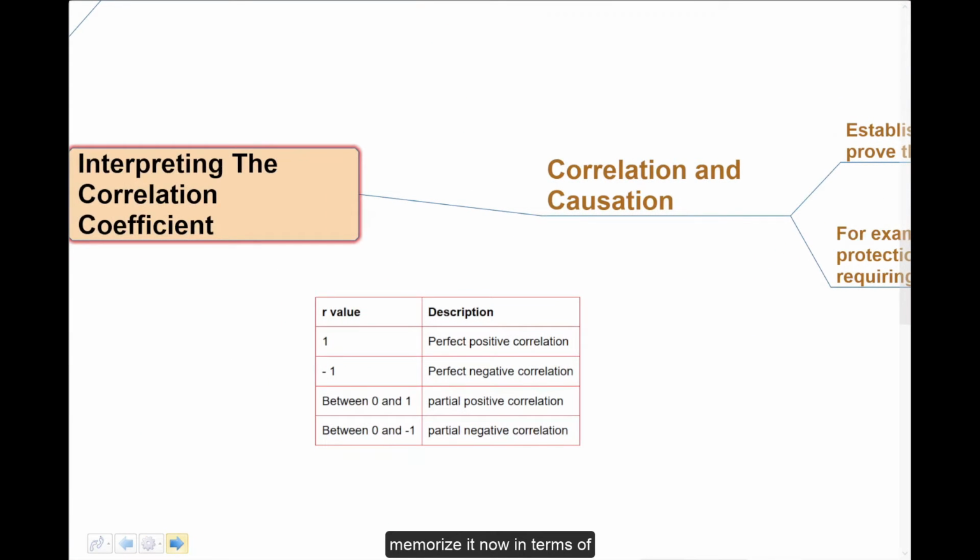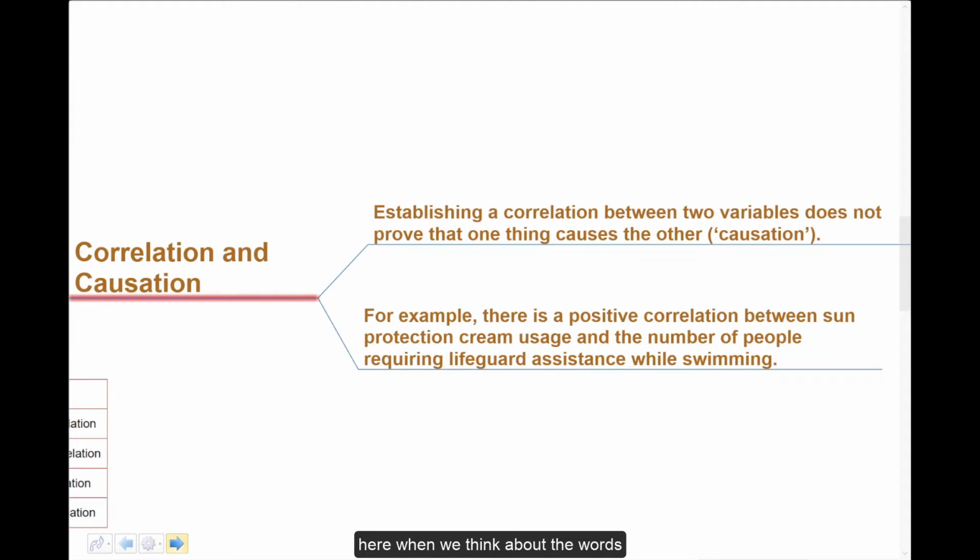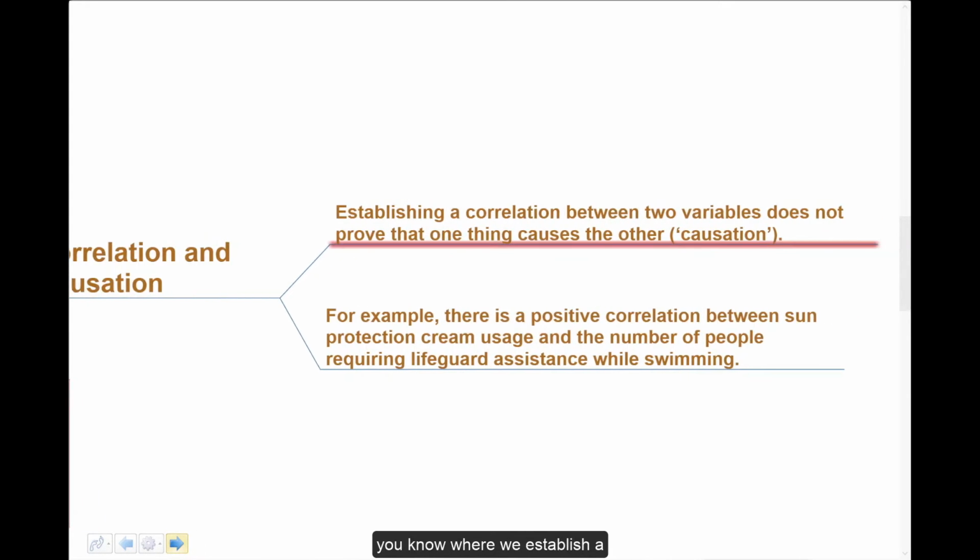Now in terms of interpretation, let's be clear here when we think about the words correlation and indeed causation. Note, where we establish a correlation between two variables does not necessarily mean that one thing causes the other, i.e. causation.